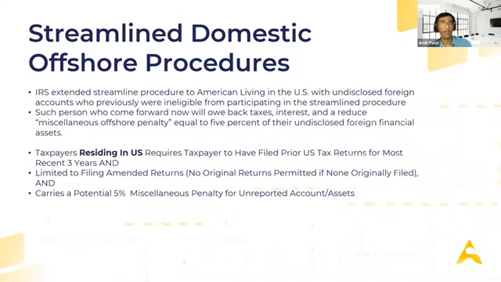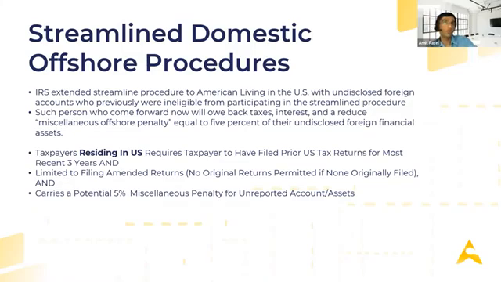If you are residing in the US, you must have filed all the US tax returns for the past 3 years. Under the streamlined procedure, you can amend those returns for anything that you missed reporting on the international front.